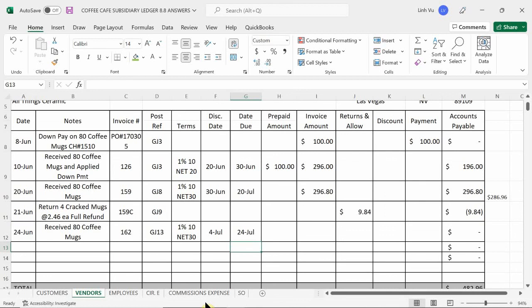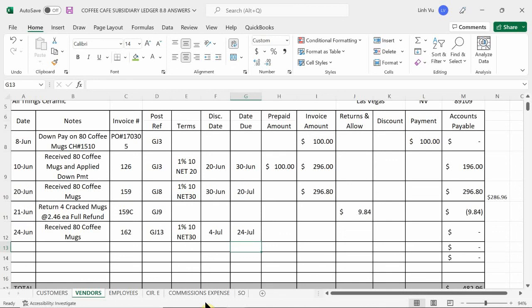Would it be August 1st? No, July 31st? In this case, you're given a specific time frame: this bill is due in one month from now.